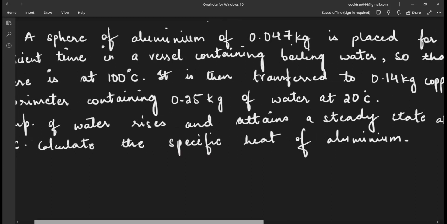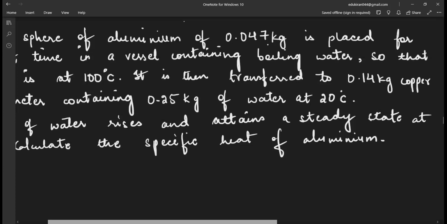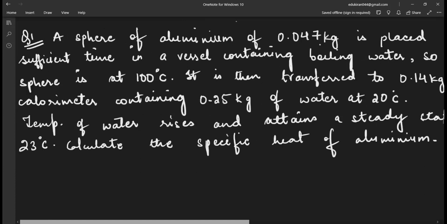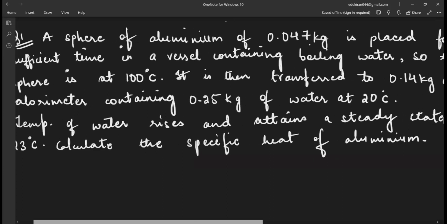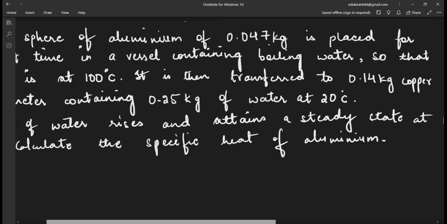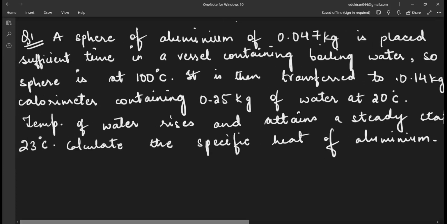It is then transferred to a 0.14 kg copper calorimeter containing 0.25 kg of water at 20 degrees Celsius. Then the temperature of water rises and attains a steady state at 23 degrees Celsius. You have to calculate the specific heat of aluminium.